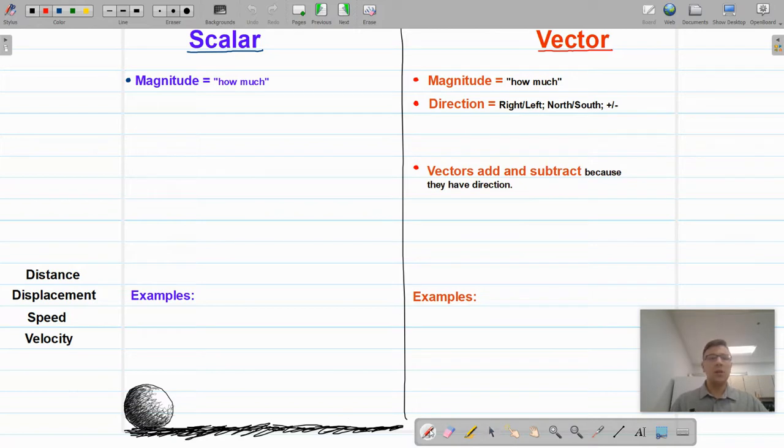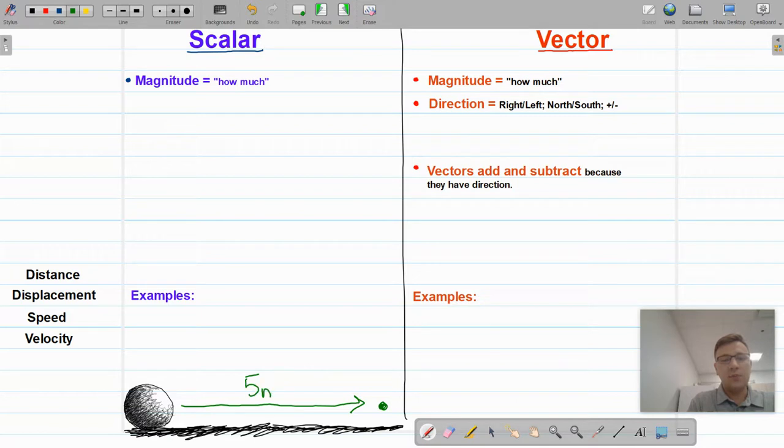So first thing here that I have down is that scalar quantities have magnitude, meaning it tells you how much. If I write down that this ball rolls along the ground all the way to this point over here, and let's say that is 5 meters, the magnitude here would be the 5.